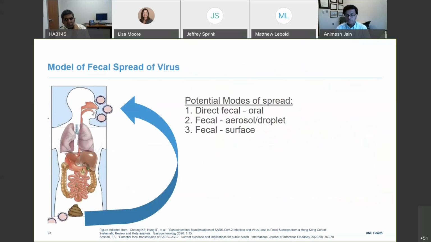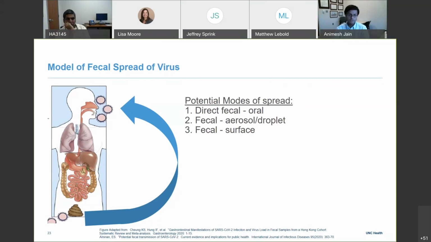So if the virus is able to get into enterocytes, then we will probably wonder, can the virus actually be spread in the stool, which is kind of a scary proposition. If we think about a theoretical model of fecal spread of any virus, there are three potential routes by which a virus could be spread through a fecal mechanism.